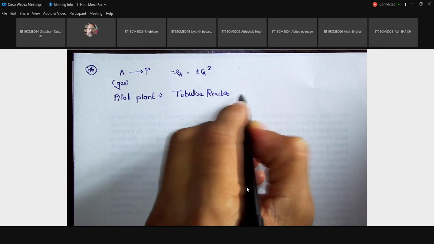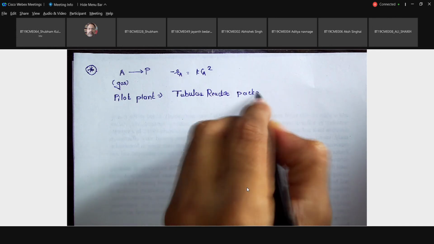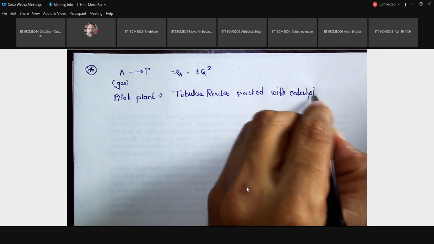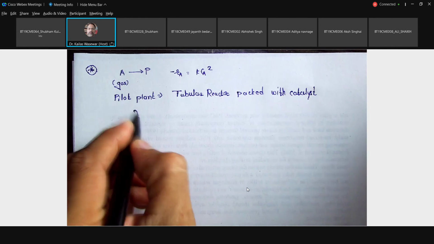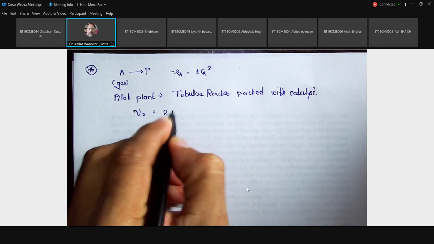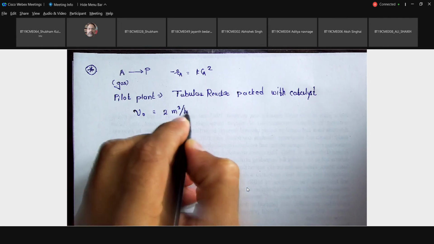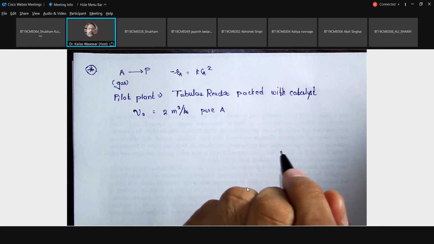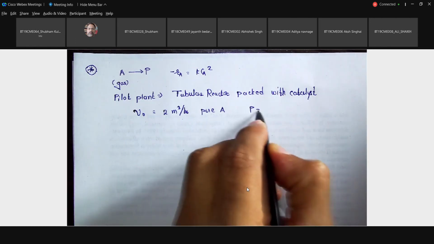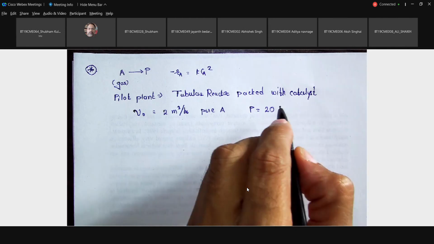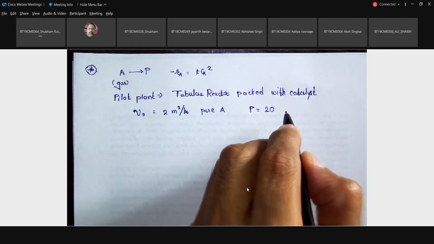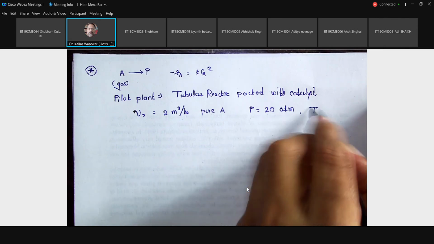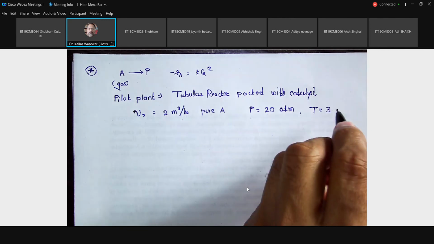Tubular reactor that is packed with catalyst with the flow rate having 2 meter cube per hour, that is pure A, and pressure is 200 atmosphere and temperature is 300 degrees centigrade.